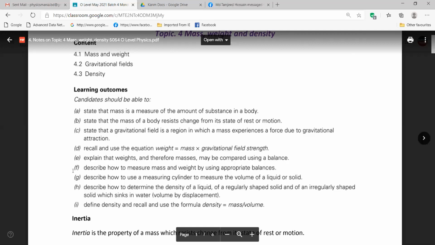Is it clear? Yes, sir. Sir, gravitational field means? Yeah, tell me. Yeah, sir, we read about gravitational field, but what is it actually? We have electric field, we have magnetic field, those things, right?